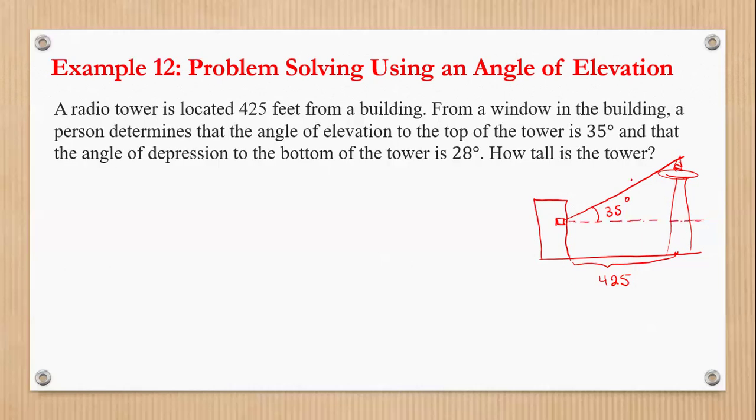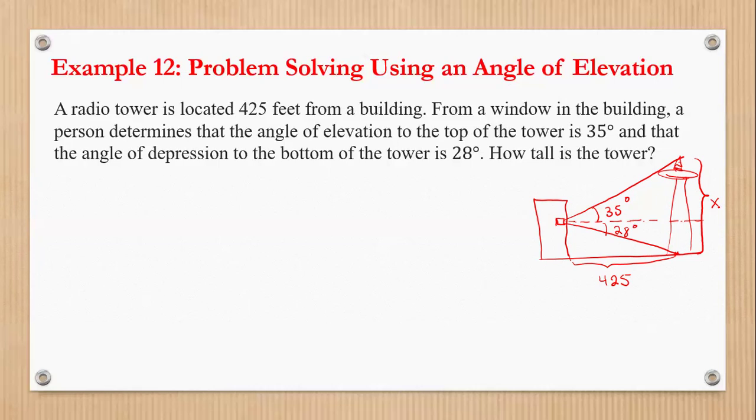And the angle of depression to the bottom of the tower is 28 degrees. Now it says, how tall is the tower? You want to find this distance, the height of the tower.